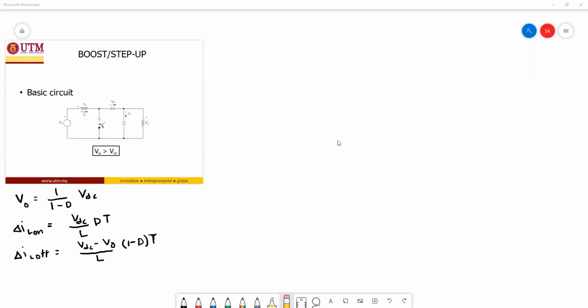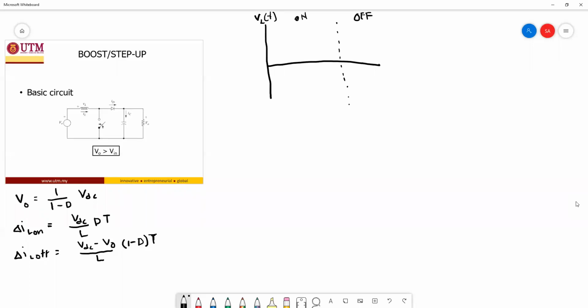Okay, and I would like to draw the waveform of the voltage across the inductor here, because this will be the main analysis parameter. So VL(t), because it is time dependent. This is during switch on and during switch off.